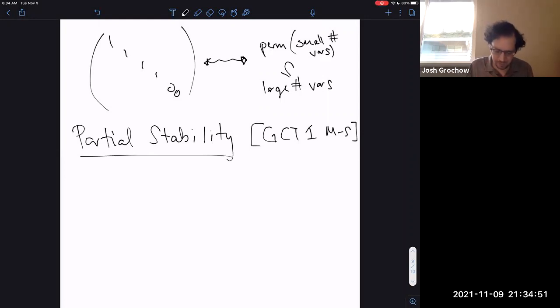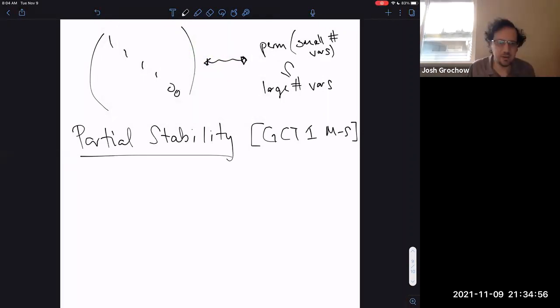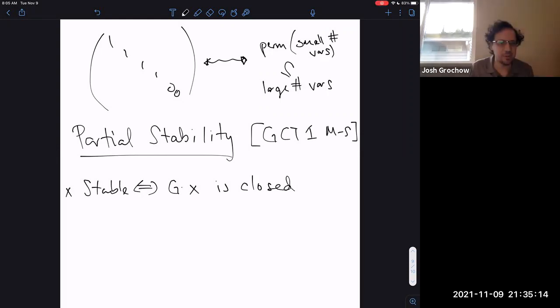Okay, so what's the idea here? First, let me just recall something about stability. So in this case, we'll say X is stable means that the orbit is closed. Sometimes people also require that the stabilizer is finite, but for now, we're not going to do that.